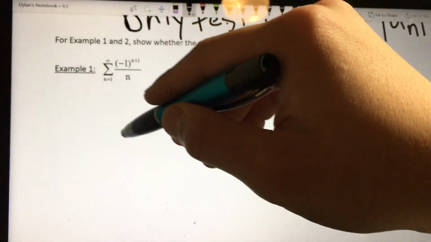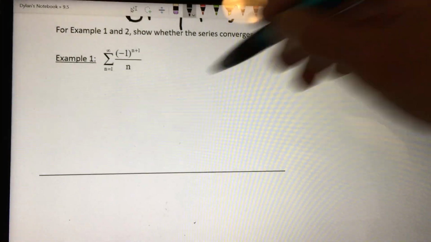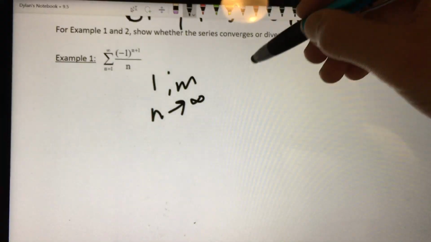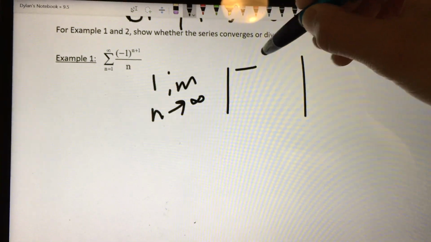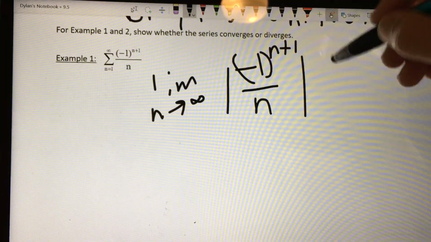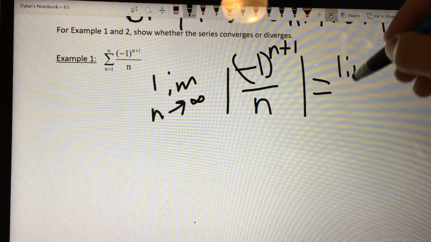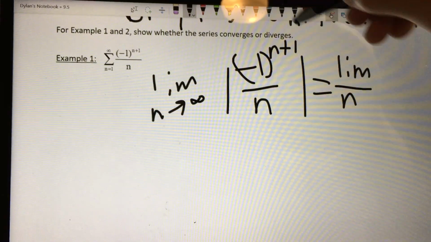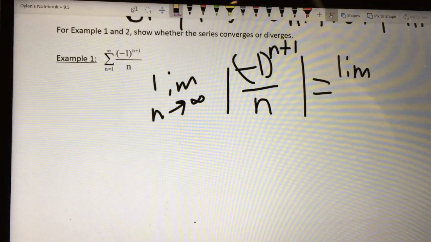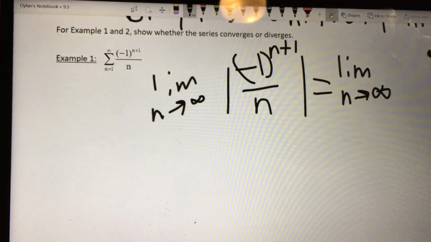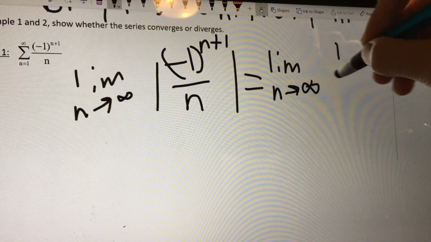So let us take the limit as n approaches infinity of the absolute value of this, which is equal to the limit as n approaches infinity of 1 over n.